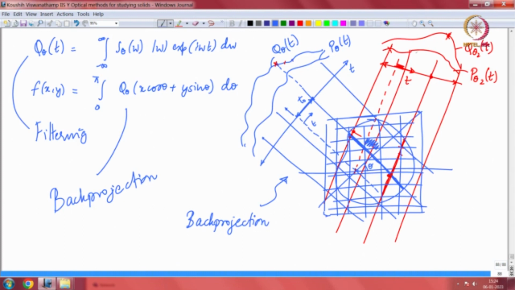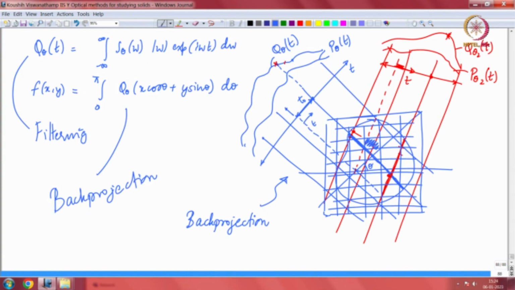To that you add up the projection coming from this theta, and to that you add up the projection coming from another theta, and so on, you keep going till you cover all the projections, and finally you will have the value of f of x y at that point. Okay. So this is a very clean way of implementing this reconstruction scheme, right, as opposed to doing an inverse Fourier transform where you only have radial slices at periodic intervals.